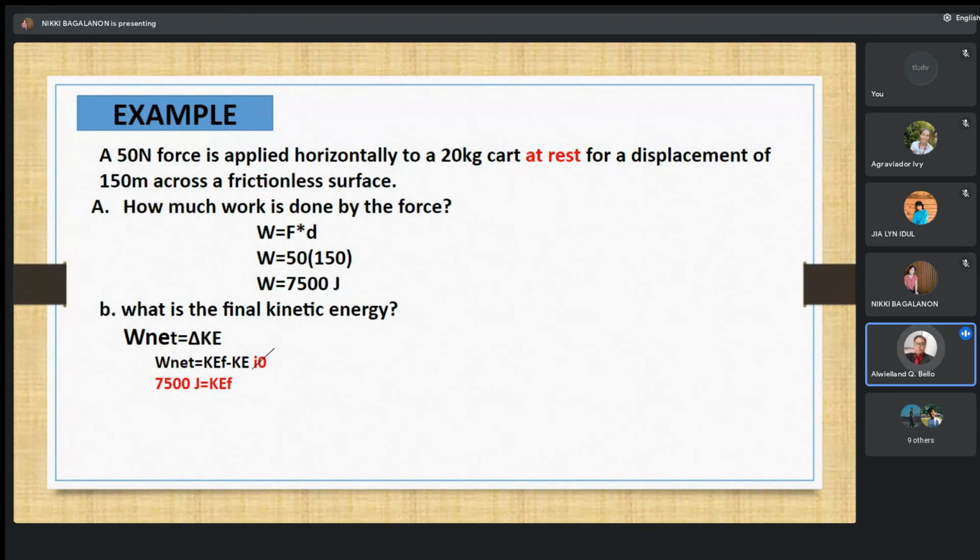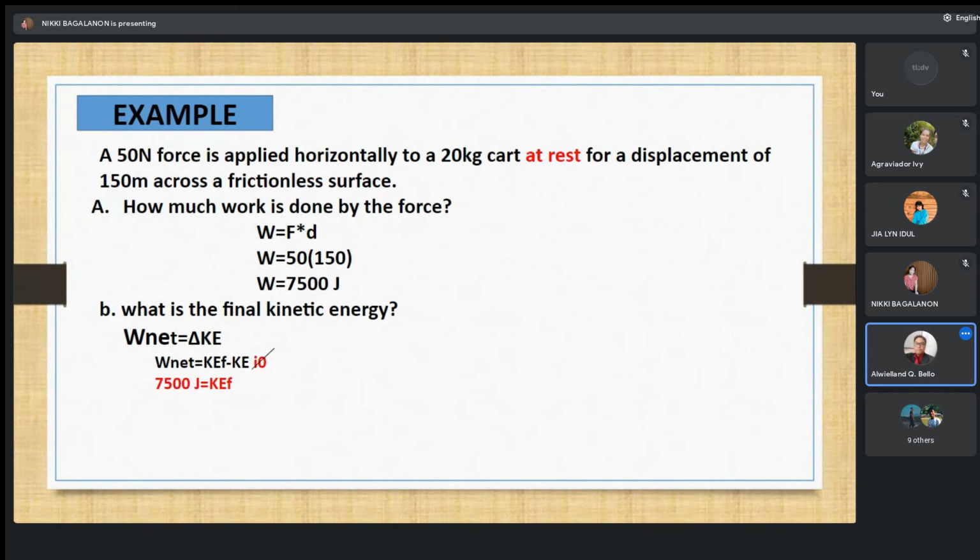According to the problem, your object is initially at rest. So when it is at rest, it is already understood that your initial kinetic energy is 0. That is why, when computing the final kinetic energy, you are sure that the net work done is equal to the final kinetic energy minus the initial kinetic energy.